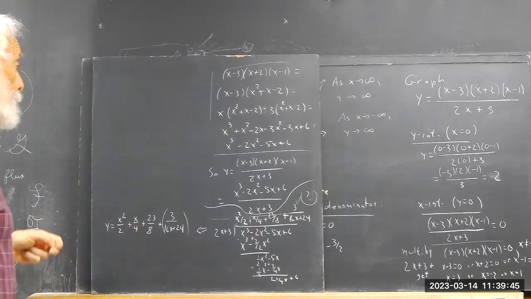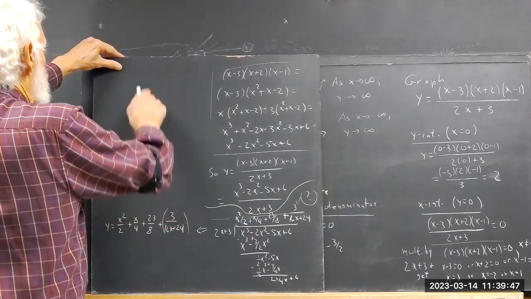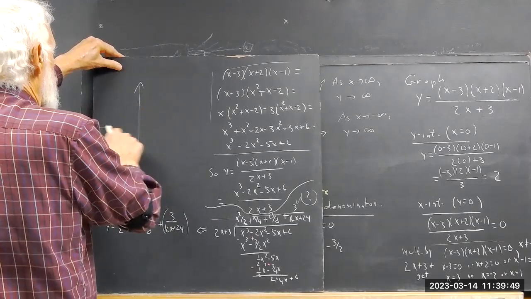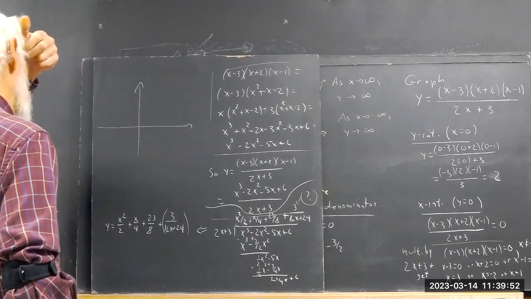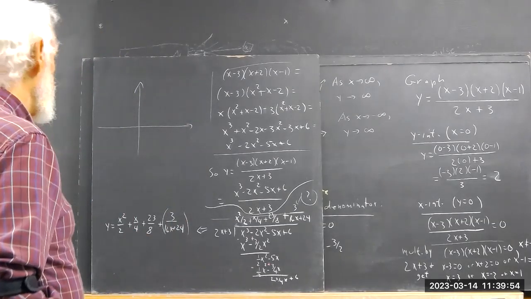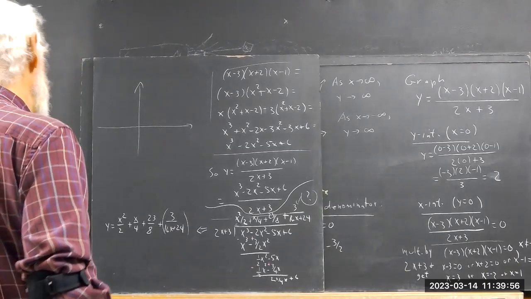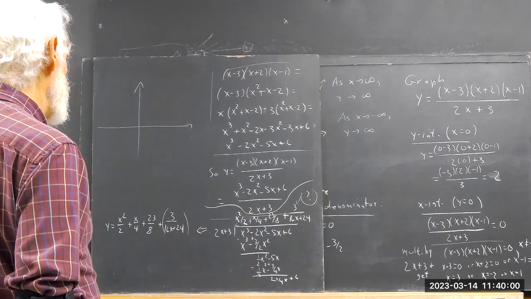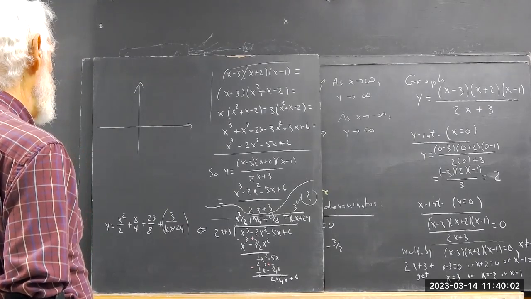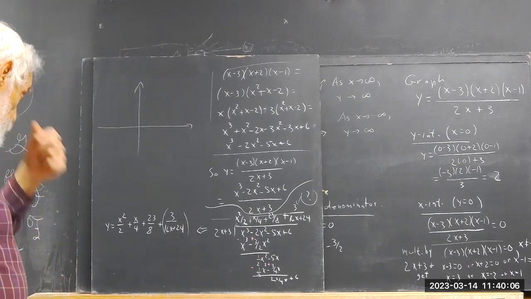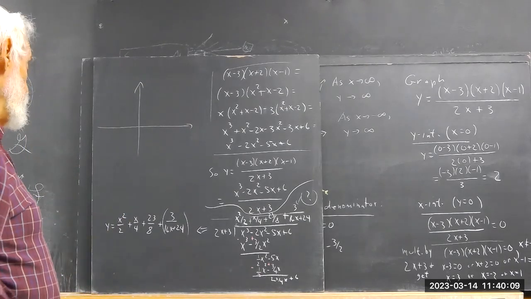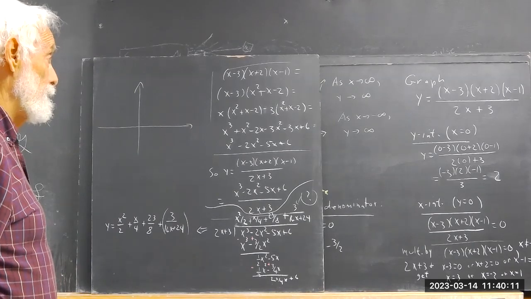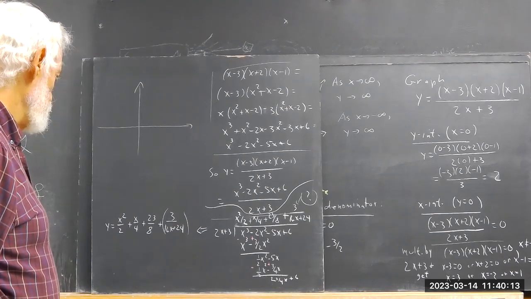So there it is. Which means that in the long run, your negative b over 2a is going to be, I think, -1.